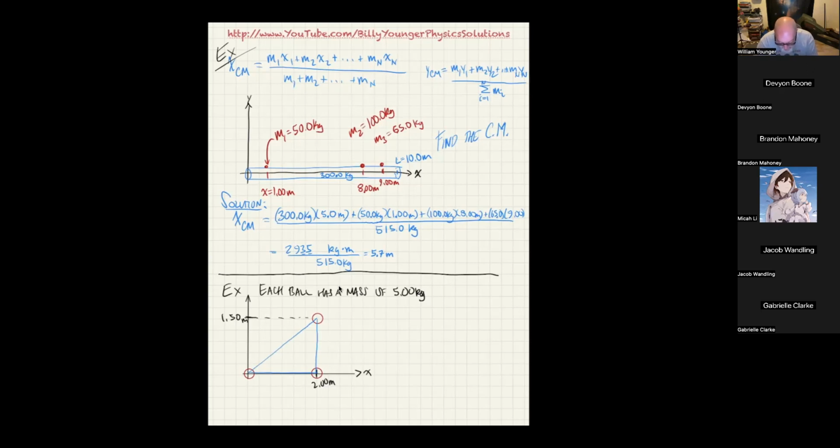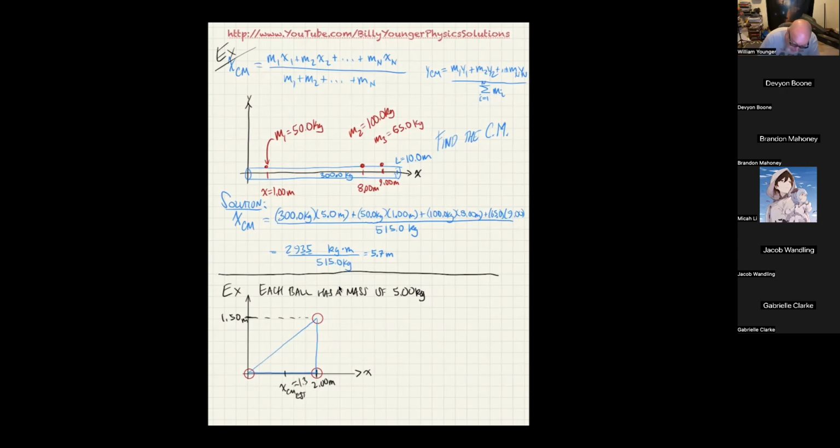Now, I would guess it would be maybe 2/3 of the way from the 0 to the 2 going left and right. 2/3 of 2 is 4/3, so that's about 1.33. So maybe I would estimate XCM estimate is about 1.3.